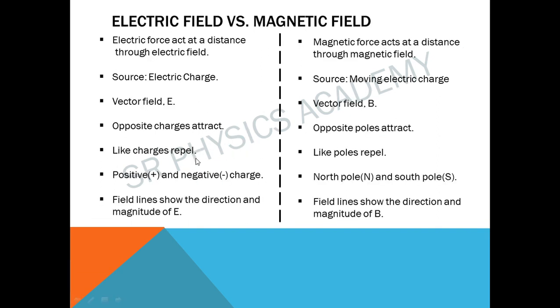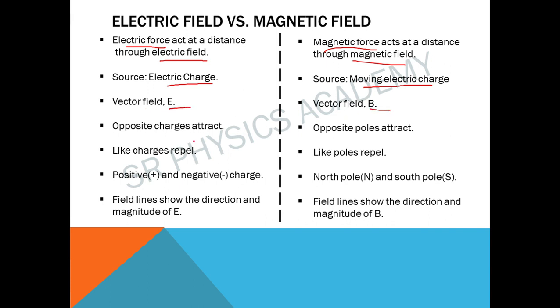Now, let's recall once what the electric field and magnetic field are. First, the electric force acts at a distance through the electric field. Similarly, the magnetic force acts at a distance through the magnetic field. Next, the source: for the electric field, it is electric charge. For the magnetic field, the source is moving electric charges. The letter E here, B there.